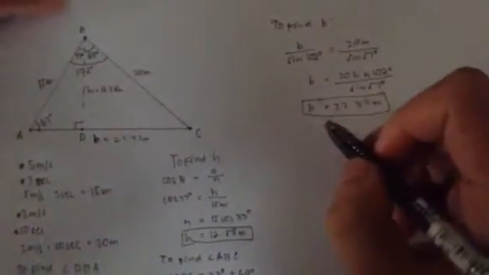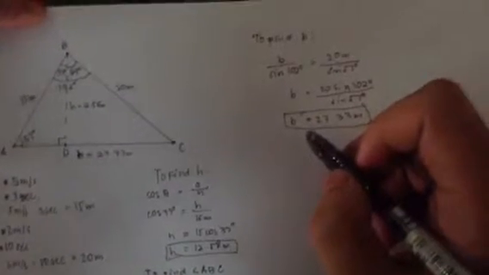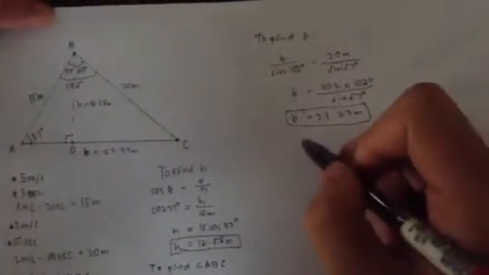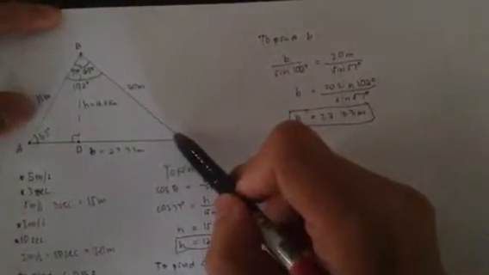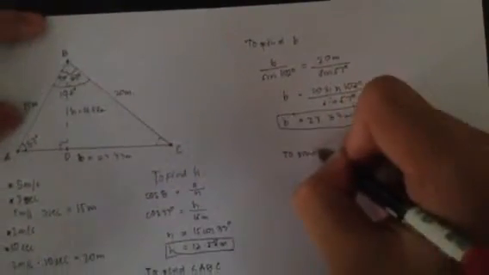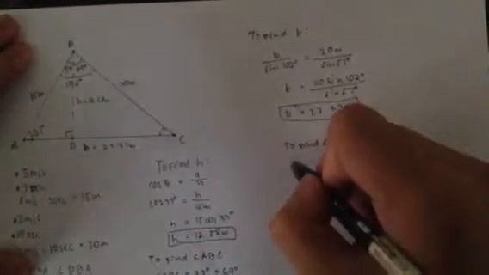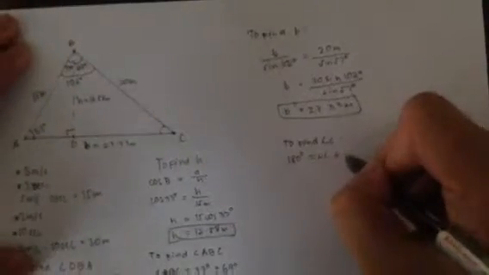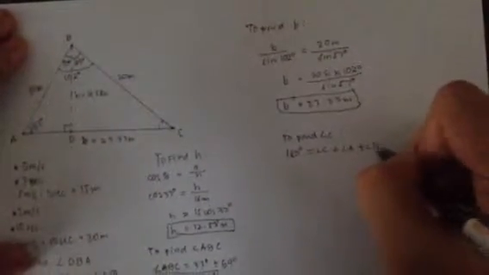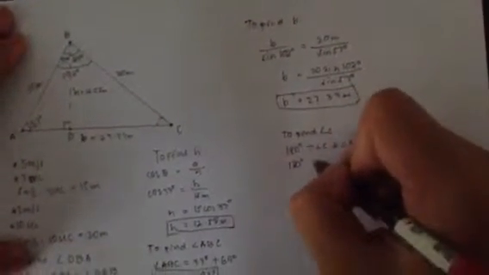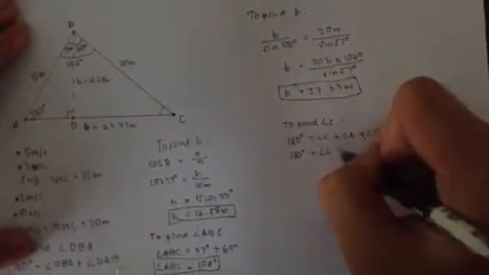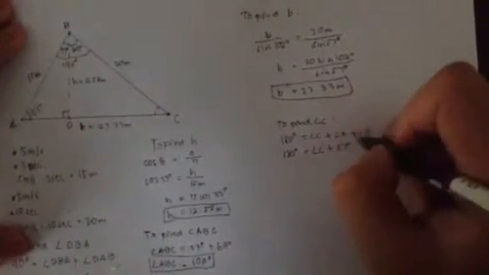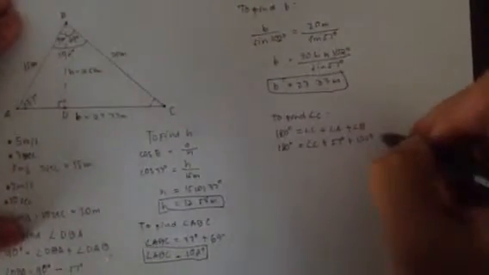So now, we can proceed to the last question of the problem, which is the angle of elevation from the landing point to the highest point, which is angle C. To find angle C, 180 degrees would be equal to angle C plus angle A plus angle B. So 180 degrees is equal to angle C plus 57 degrees plus 102 degrees.